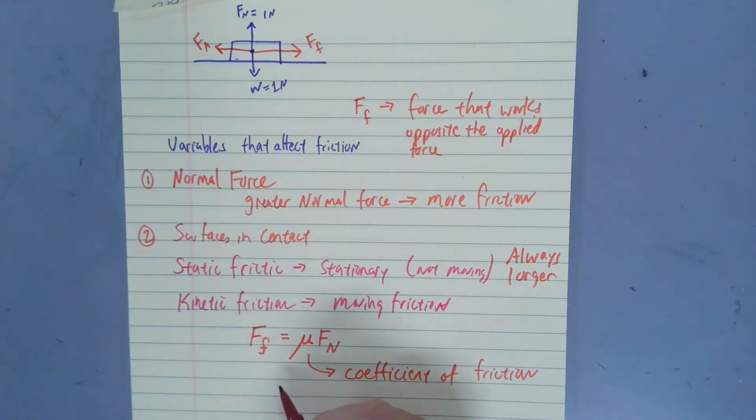Well, there is a coefficient of kinetic friction and a coefficient of static friction, depending upon whether the object is not moving yet or is already moving. So to calculate the amount of frictional force, you take that coefficient of friction, multiply it by the normal force, and that will give you how much frictional force is working on that object.